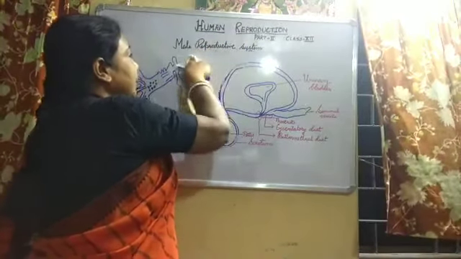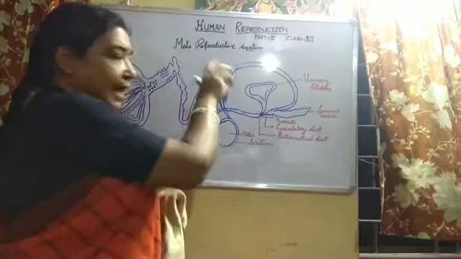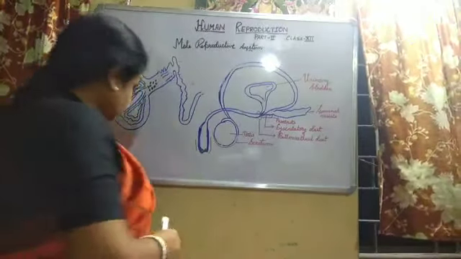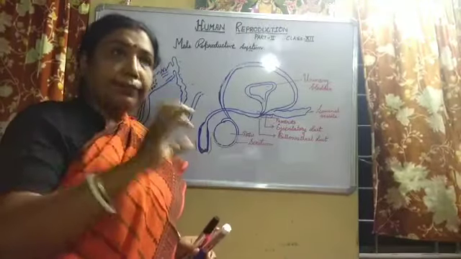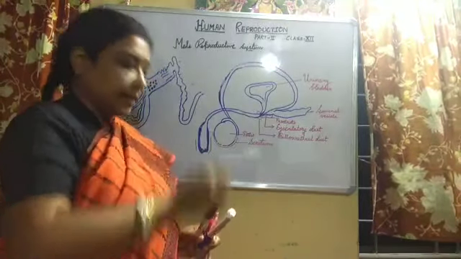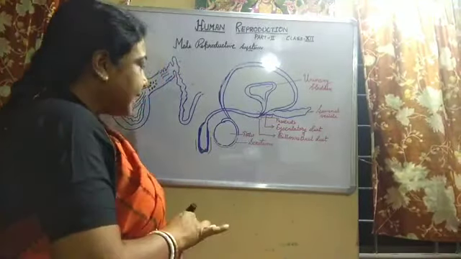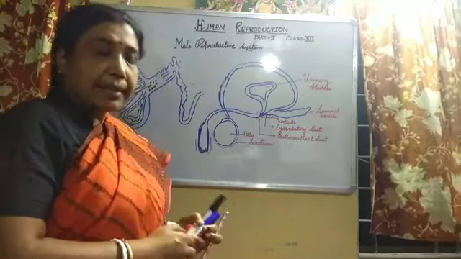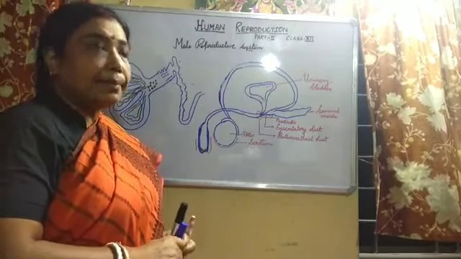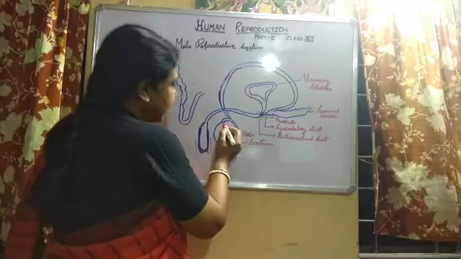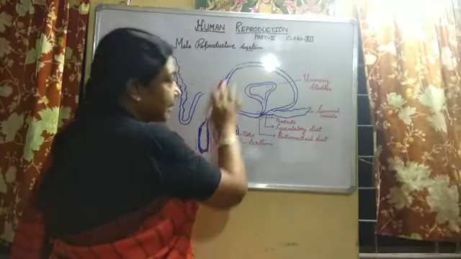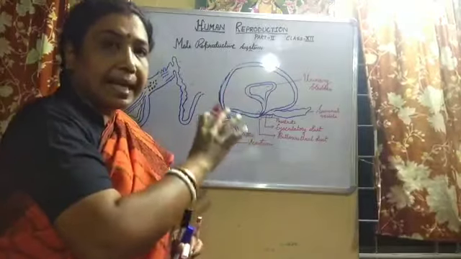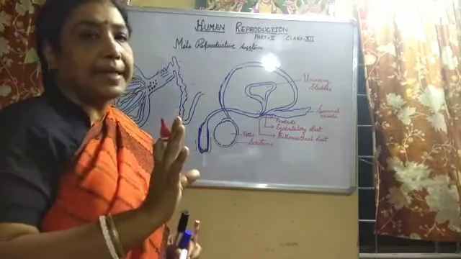Now, don't get confused with what I have drawn. I am there to explain it to you all. But you have to remember what I mentioned yesterday, that the testis is the primary reproductive structure. This is actually a simplified diagram of the male reproductive system.